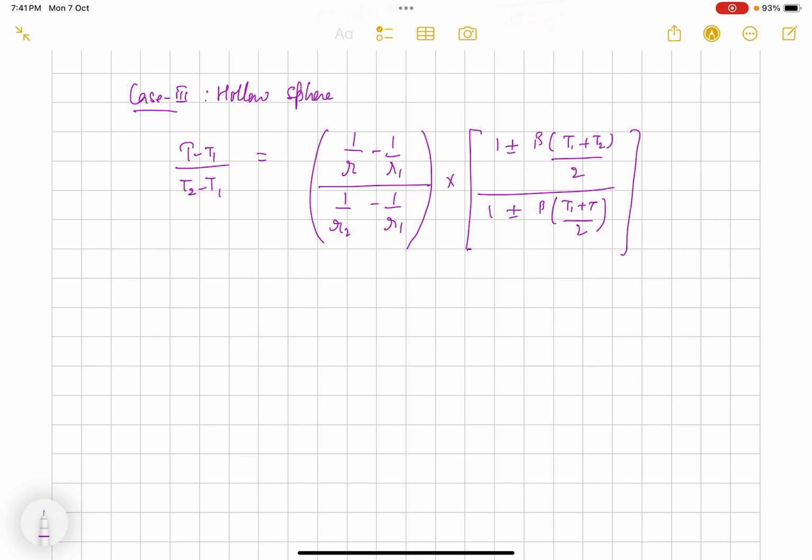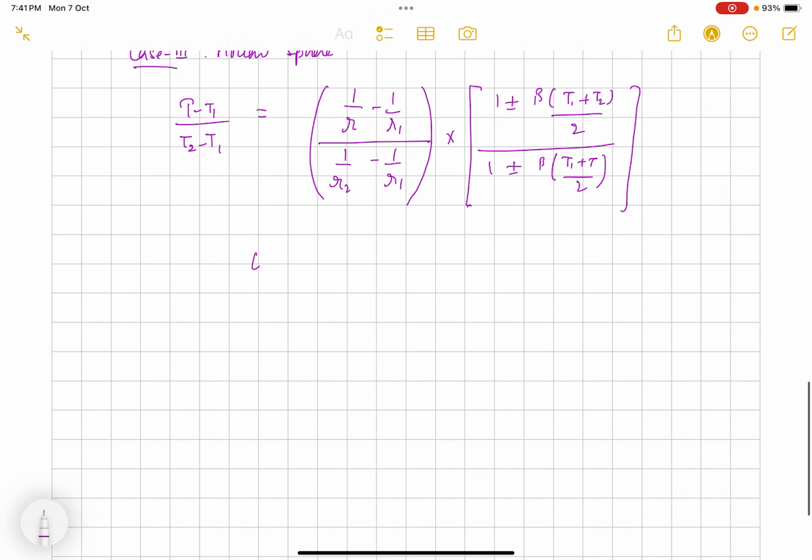And heat transfer is (T1 minus T2) divided by 1 by 4 pi k average, mind it, times (1 by R1 minus 1 by R2).